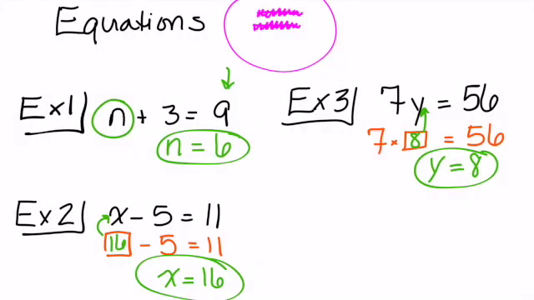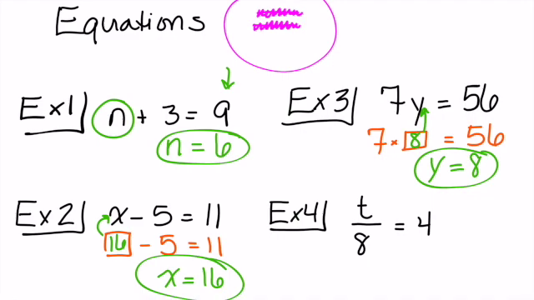Okay, example number 4. All right, let's look at a division example. What number, when I divide it by 8, equals 4? Now really think about this one, right?